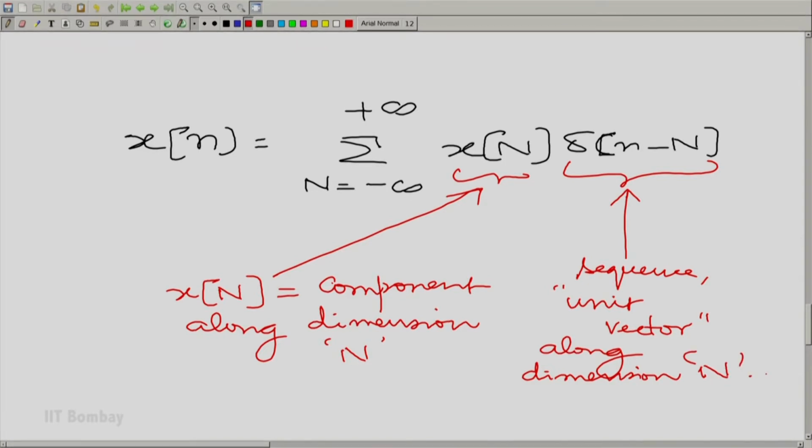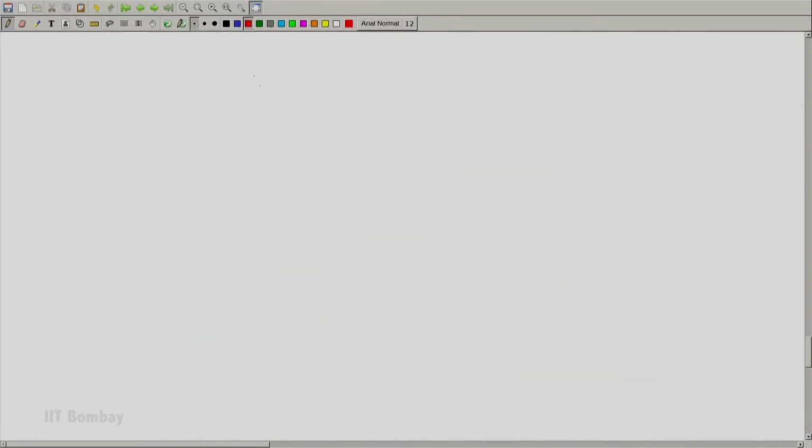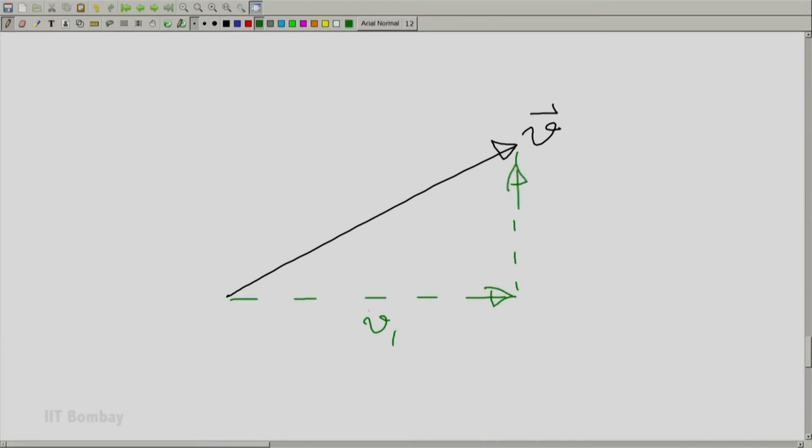It is just like saying, if you look at it for two dimensional vectors, that this V, when decomposed into its components, which I am now showing in green, being V1 and V2, and V1 again being a multiple of the corresponding unit vector, which I am showing in blue. So, this is the unit vector here, which I call U1 cap, and there is a unit vector U2 cap.